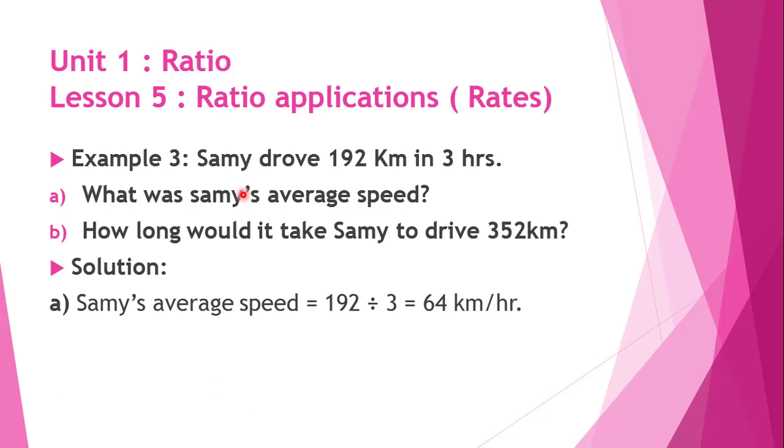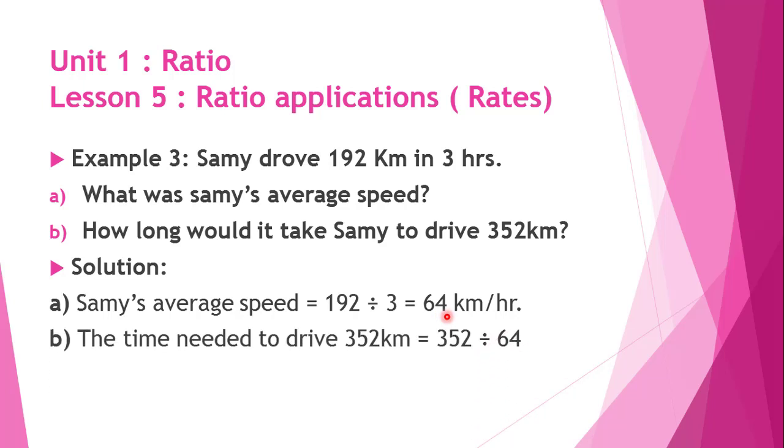Average speed means how many kilometers in 1 hour. So I'll divide 192 by 3. The result will be 64 kilometers per hour. So each hour he drove 64 kilometers. Okay.